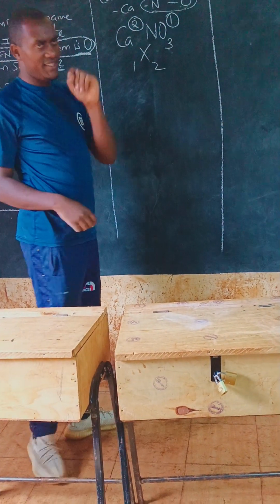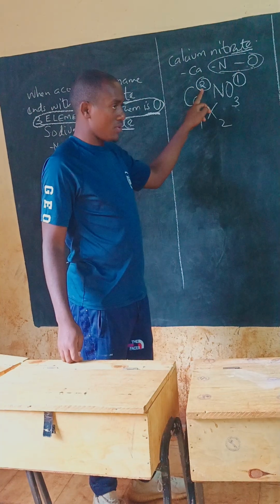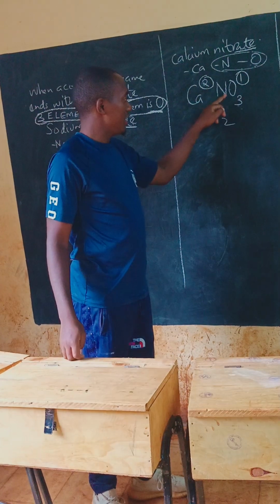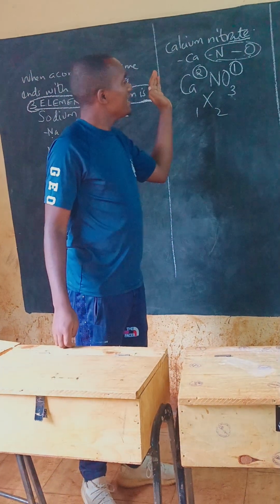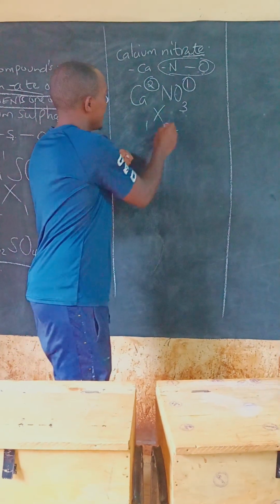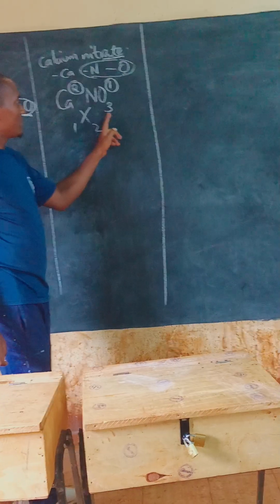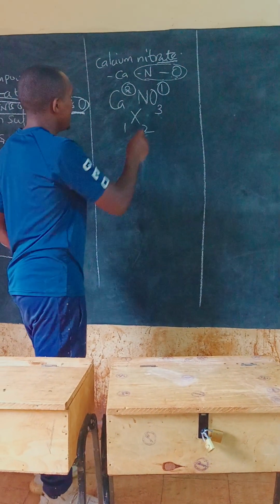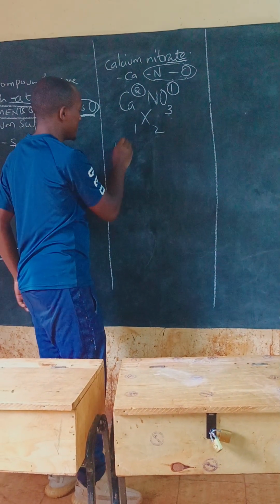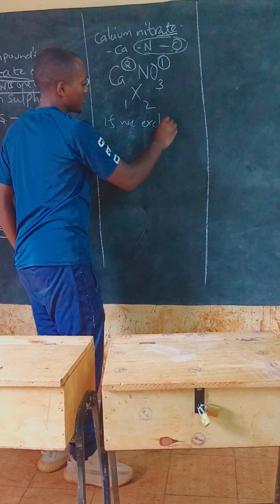Now listen. When we have a radical and the incoming subscript for the radical is 2 or 3, this is where we have a problem.